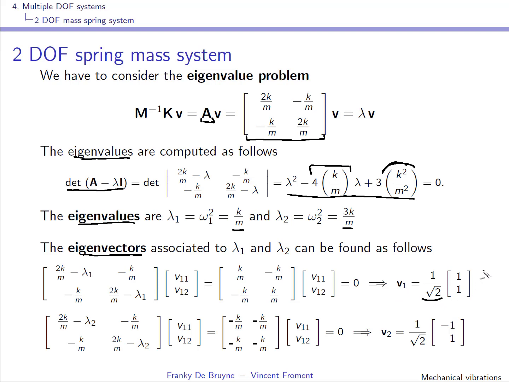So we have here our first eigenvector, and if we plug in lambda 2, we obtain this matrix times v is equal to 0, and then again it's quite easy. We see that we have to choose this eigenvector with a -1 and a 1 here, and again we normalize things so that this would be a unit vector.